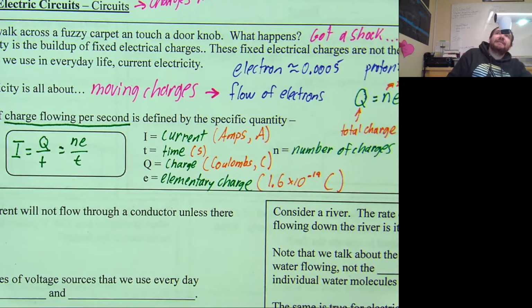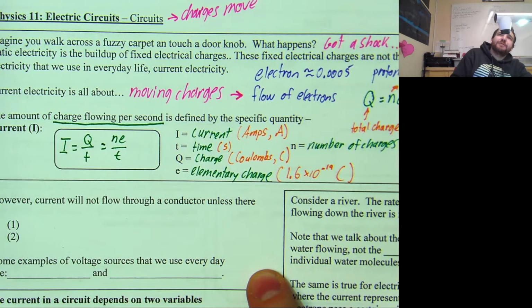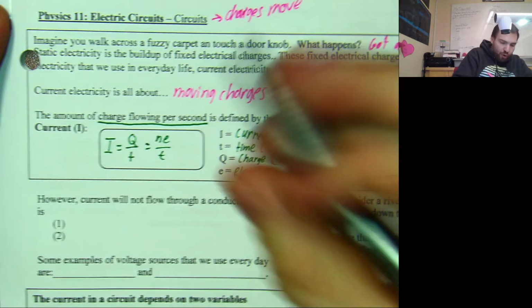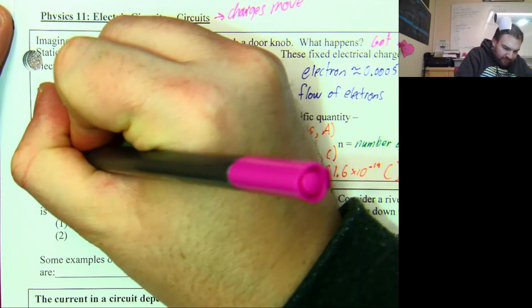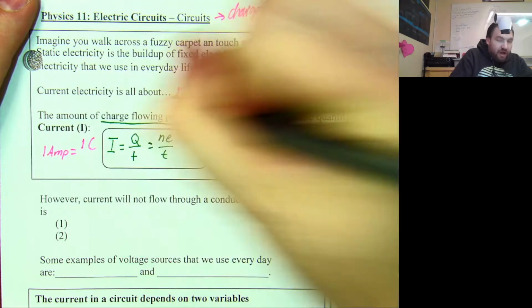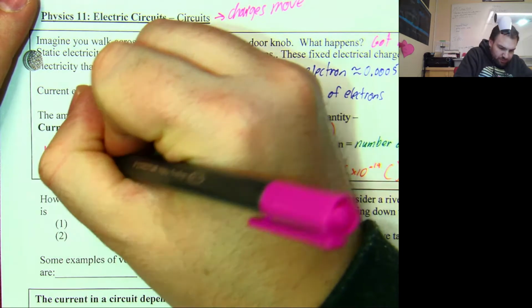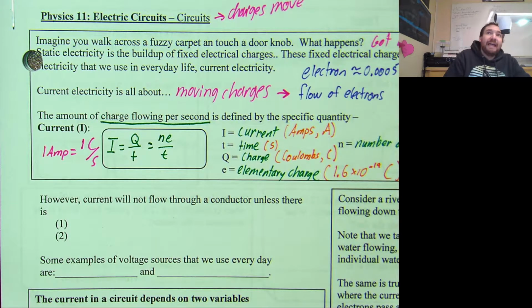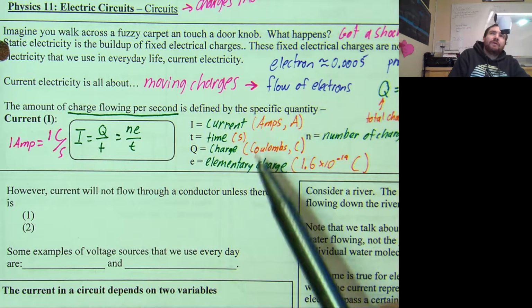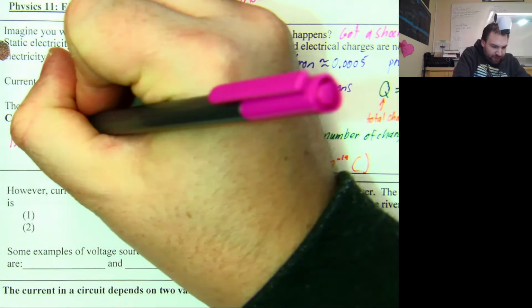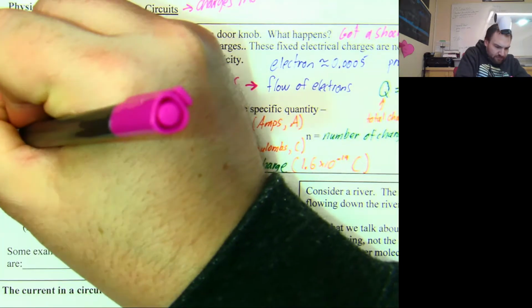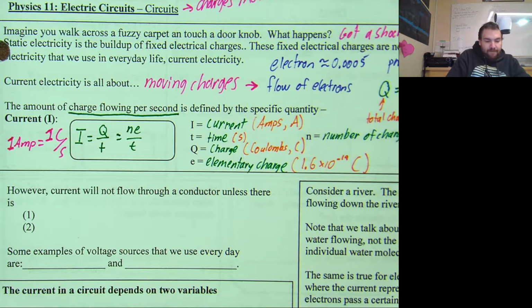So if I combine some of these ideas here, just to give you some perspective, 1 amp is equal to 1 coulomb of charge per second. And if you think about what a coulomb, actually I'll make this look more like a 1. There's a 1. 1 coulomb per second.